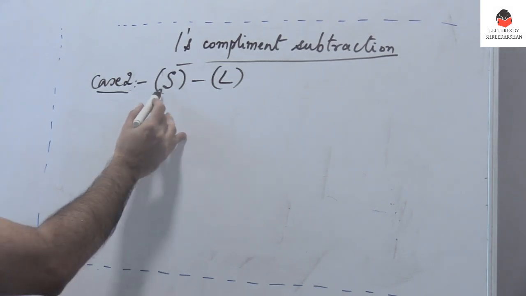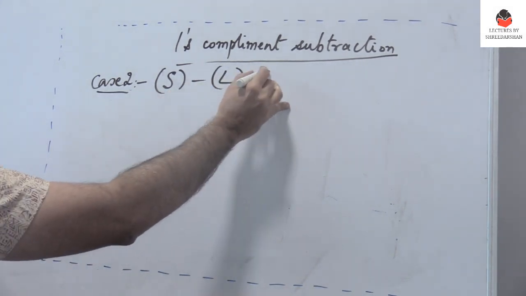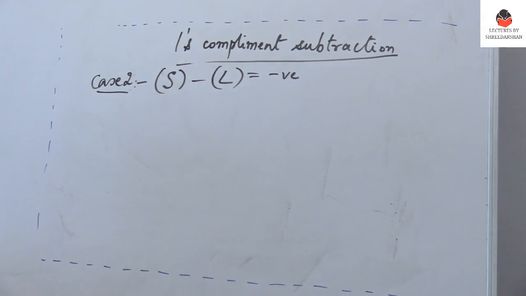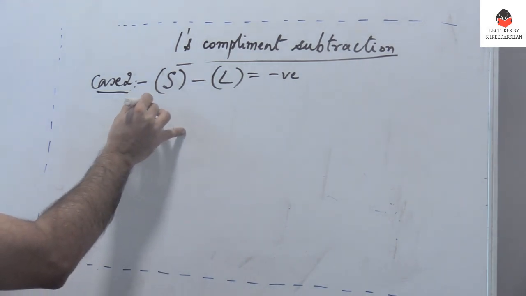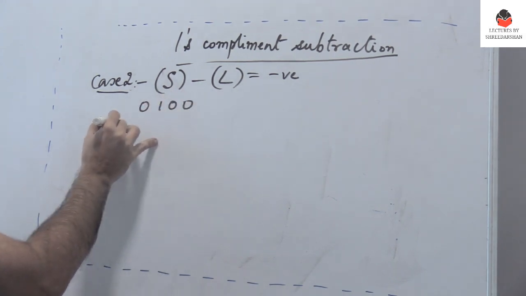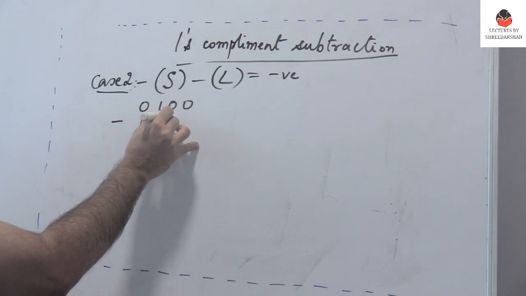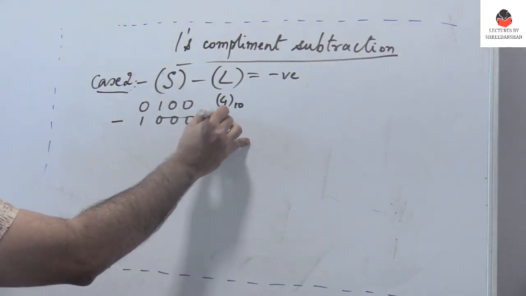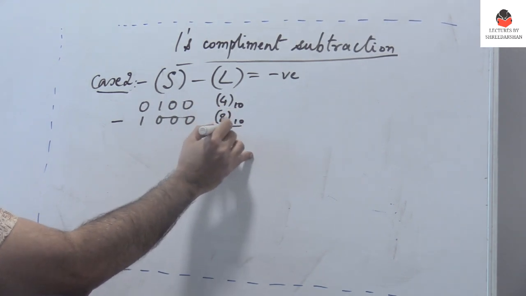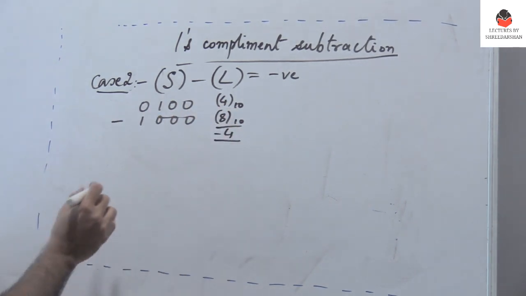For case 2, consider a smaller number minus larger number, and the result will definitely be negative. So let's consider a smaller number, 0, 1, 0, 0 minus 1, 0, 0, 0. So this is 4 in decimal, this is 8 in decimal. So we need to get 4 with a negative sign.